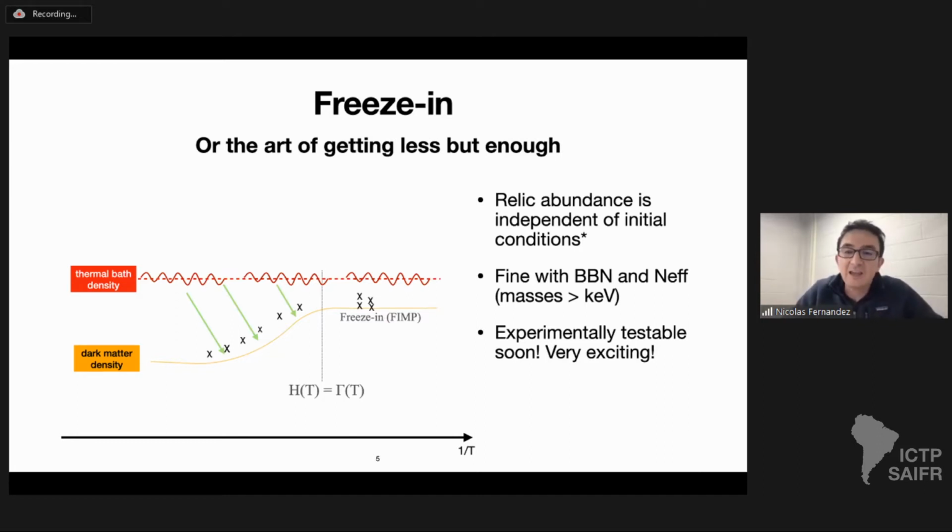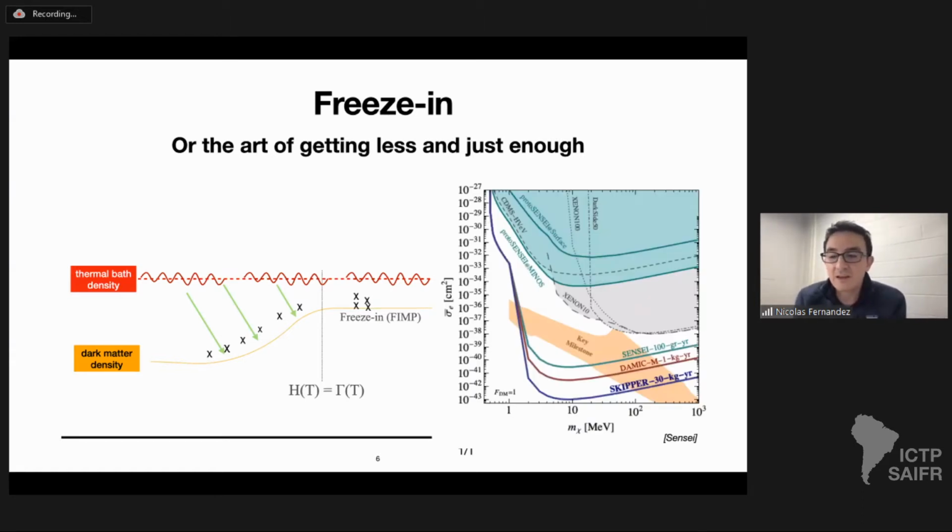It's very exciting, as we heard, that we are having all these new experiments, and soon they are going to reach the important parameter space that is needed for freeze-in. And as a reminder, we had a great talk that Tien gave yesterday.